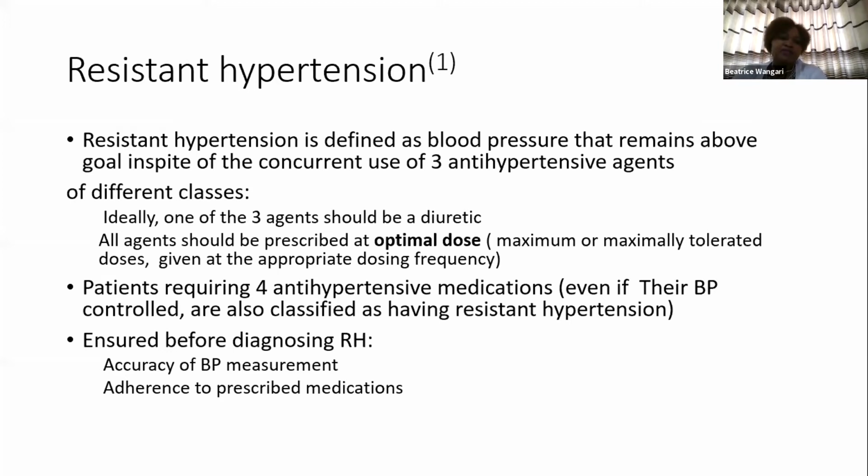And these agents should also be given at the correct dosing frequency. Now, patients who have a hypertension which is controlled with 4 antihypertensive medications also fall in this category of resistant hypertension. But the other caveat to the diagnosis of resistant hypertension is that we have to ensure accurate BP measurements, and we have to ensure that the patients adhere to their prescribed medications.